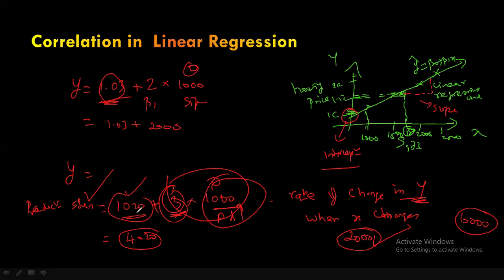In addition to that, you need to add the intercept also. Very simple. When x equal to 0, what is the estimated or predicted price, in this case? Estimated average price of the house.